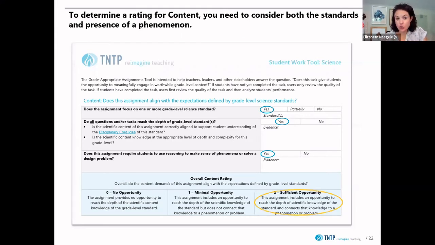So that would give this a 2, which is sufficient opportunity. I think it's important to name that it's sufficient opportunity. It doesn't need to be an exemplary assignment, but kids do have access to grade level content at the right depth of knowledge and are making sense of the content in context. So that would earn a 2 for content.